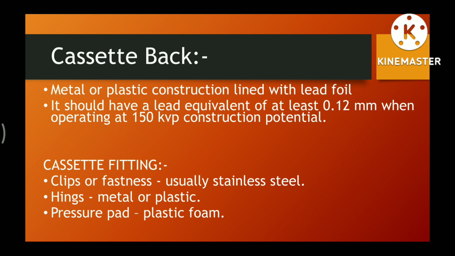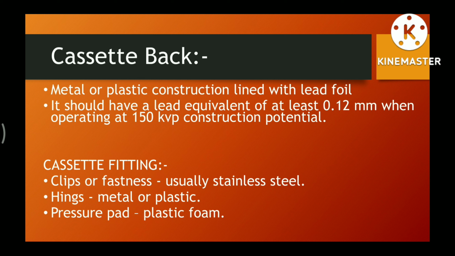What is backscattering? Backscattering is the reflection of radiation back in the direction from which it came. Because of backscattering, there is fogging of the image, meaning a degradation of image quality. That's why we use lead foil in the cassette back, to prevent fogging of the film and to prevent backscattering of radiation.